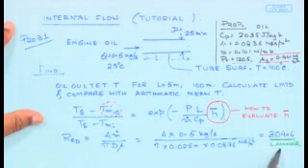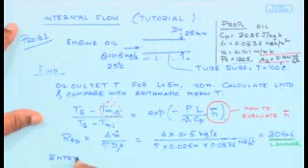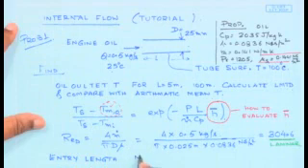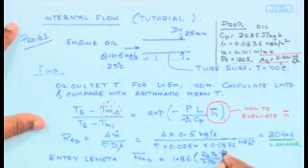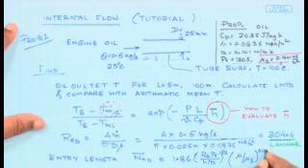So, we also need to consider the case of entry length. If the entry length is significant, then we need to use the relation that the average value of Nusselt number based on the diameter of this tube is 1.86 Reynolds Prandtl L by D to the power 1/3 and mu by mu s to the power 0.14.